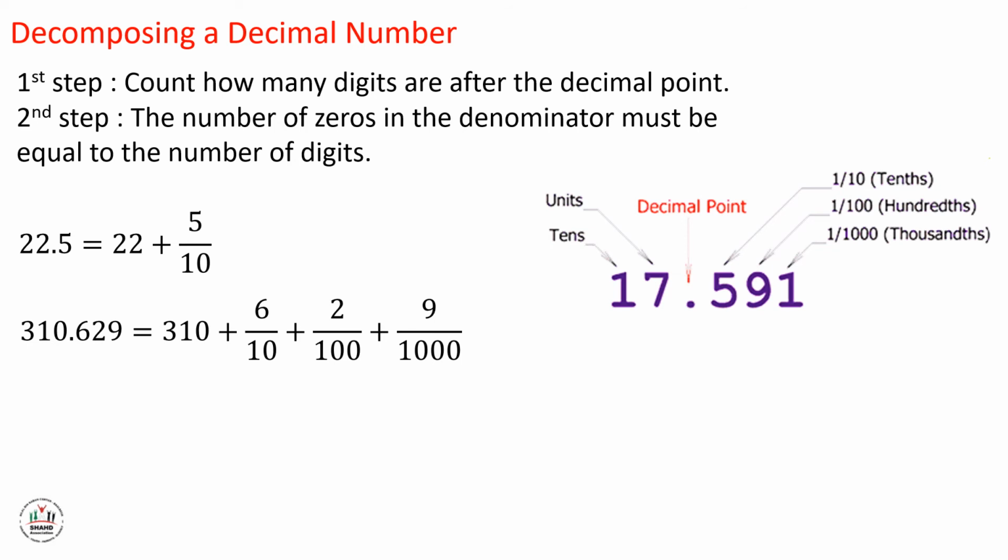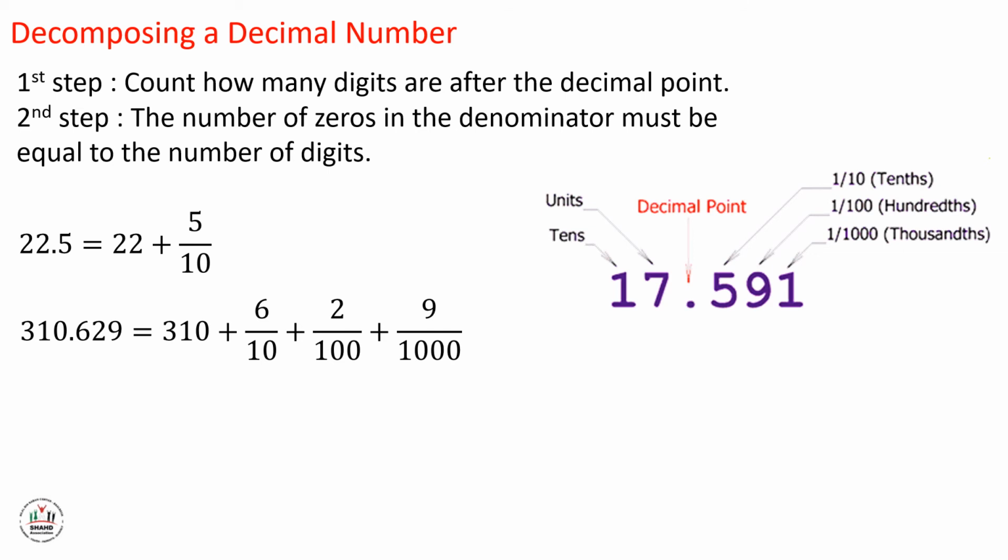310.629. So we write the whole or the integral part, 310 as it is, plus 6 over 10 plus 2 over 100, because in order to reach 2, we need to pass through 2 digits, 6 and 2.